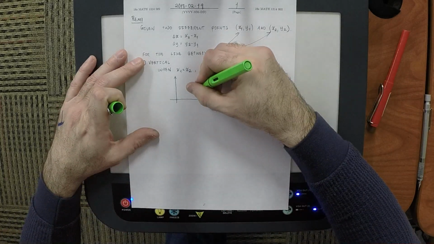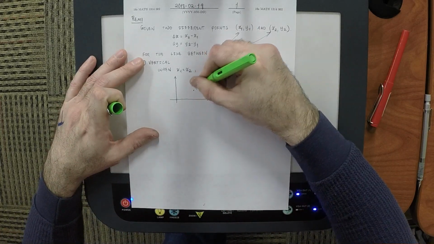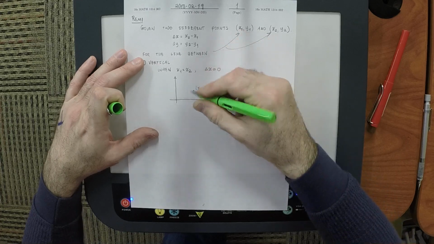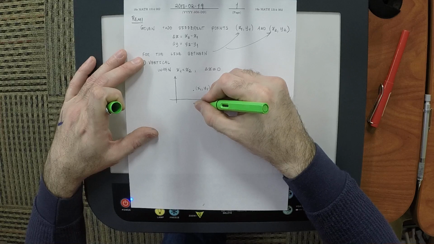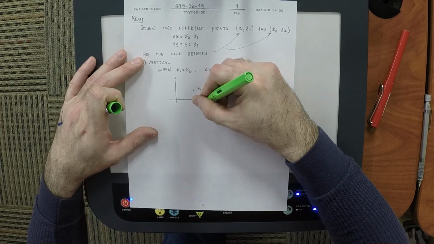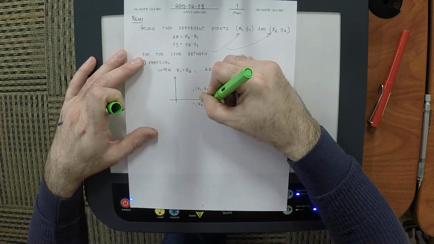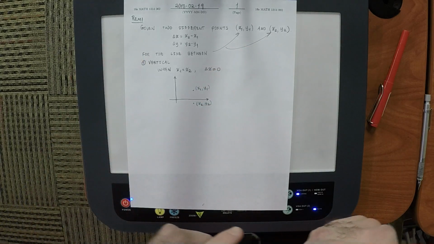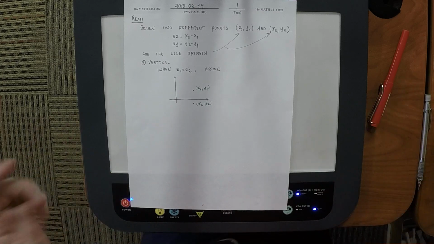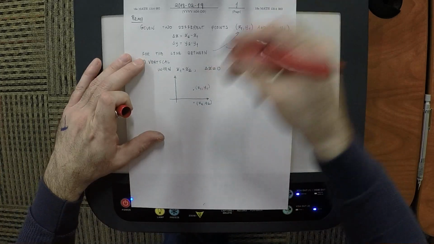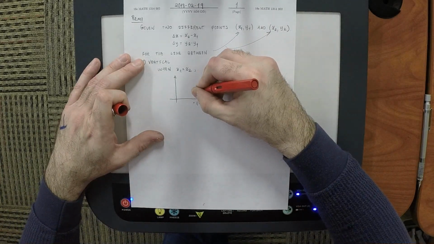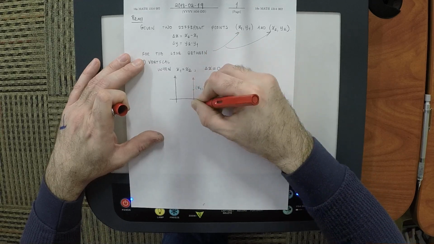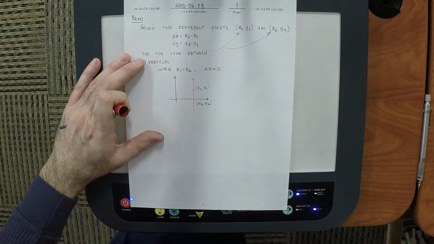It could be the case that, say, this is x1, y1, and maybe this is x2, y2. Well, those points are vertically aligned. So that's what that line would look like.